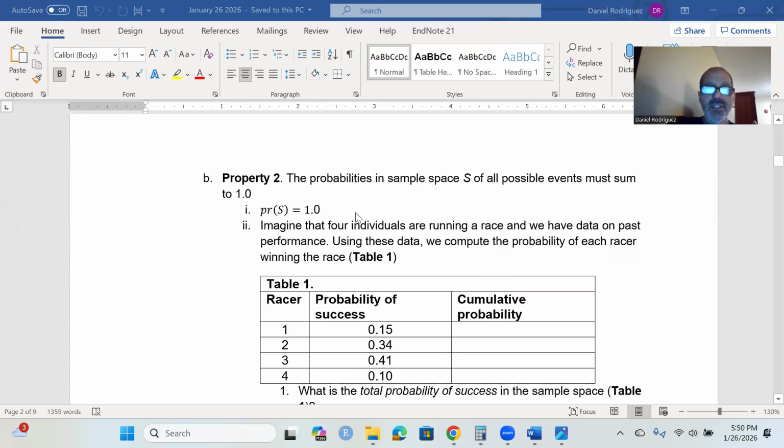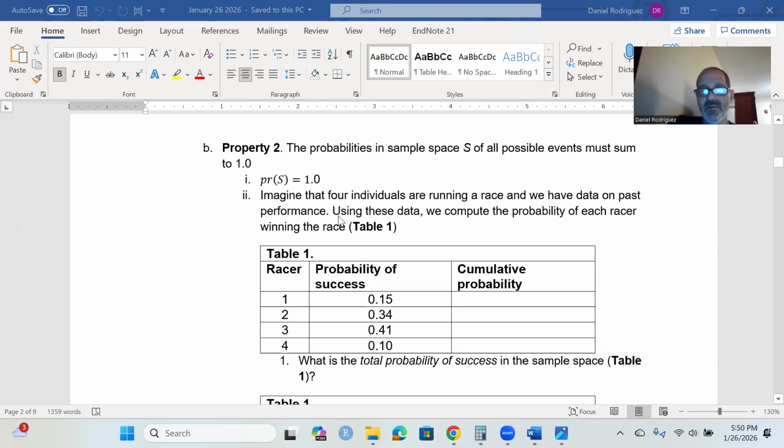Property number two is that the probabilities in sample space S, and we'll call the sample space S just for sample space, of all possible events must add up to 1. So the probability of the sample space is equal to 1. This is regardless of whether we're dealing with a continuous or discrete variable, it's the same outcome.